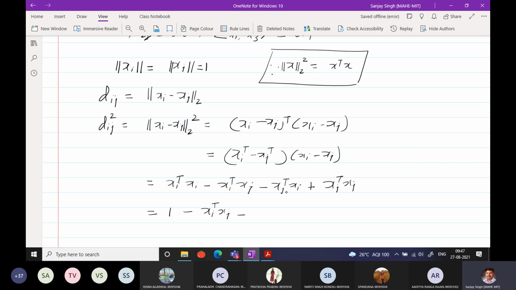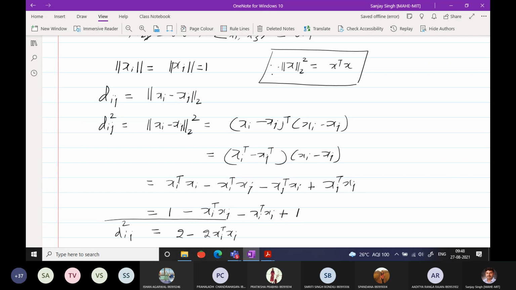So I write it as xit xj plus xjt xj, which is the amplitude squared, and that will be 1. So 1 plus 1 is 2, minus 2 xit xj, and this is my dij square.